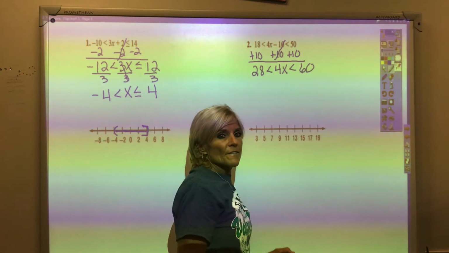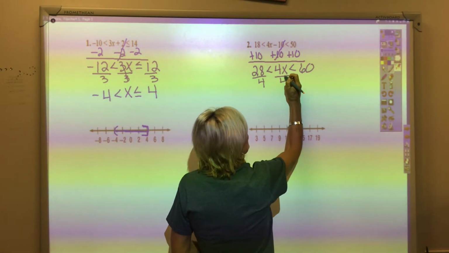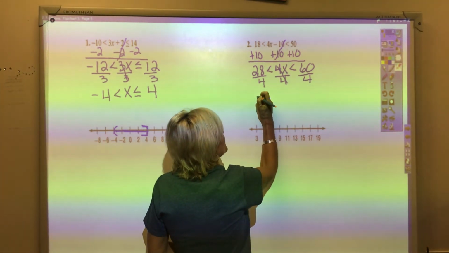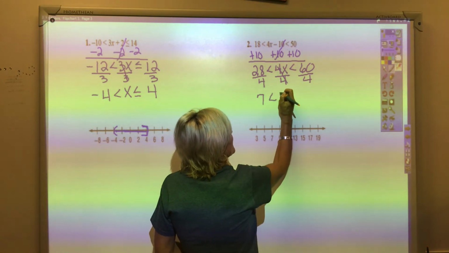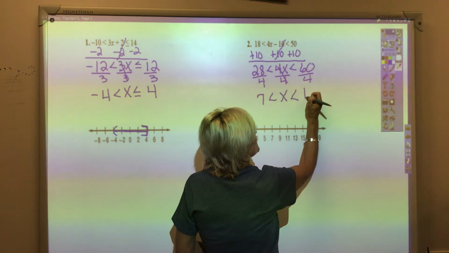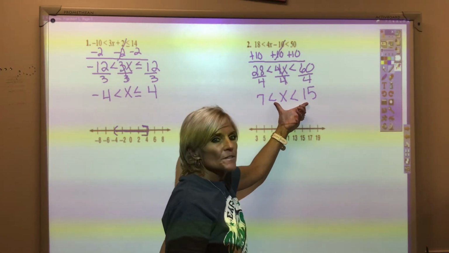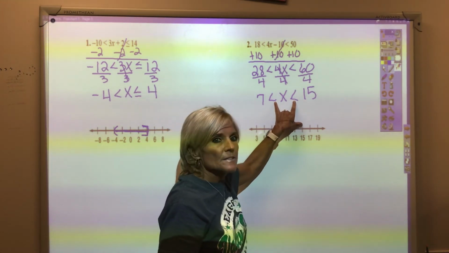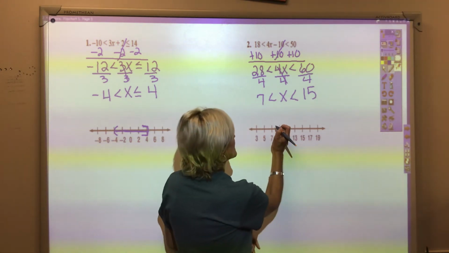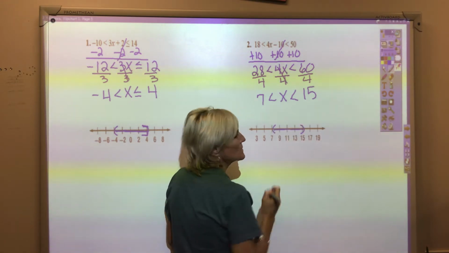I'm going to then divide everything by 4. 28 divided by 4 is 7, which is less than x, which is less than 60 divided by 4, which is 15. So x is between 7 and 15. Notice neither one of these has the "or equal to," so I'm going to put parentheses around my ends at 7 and at 15, and I'm going to shade between the two.